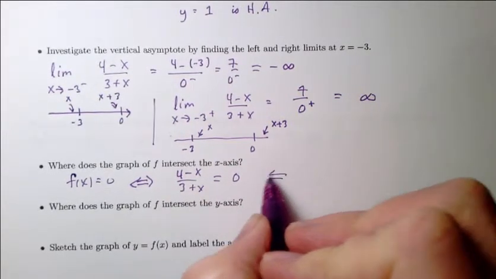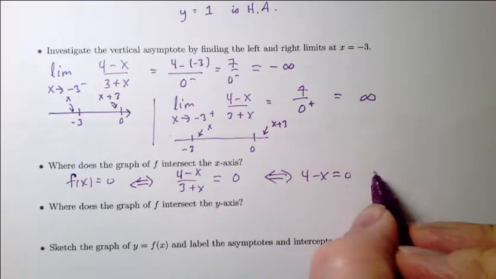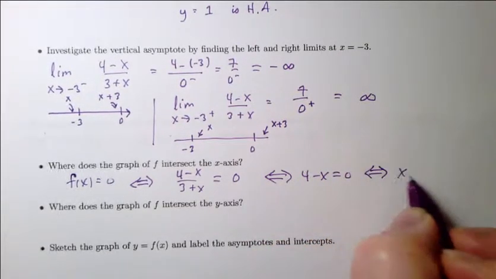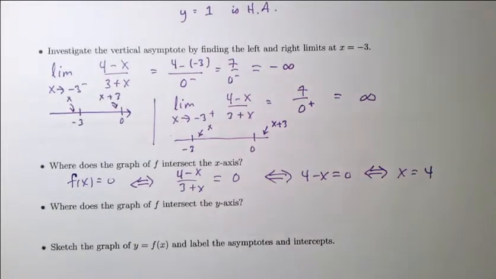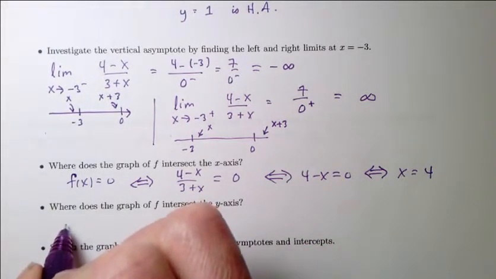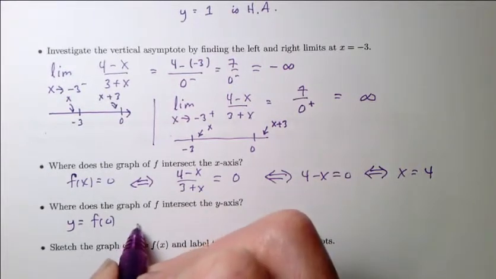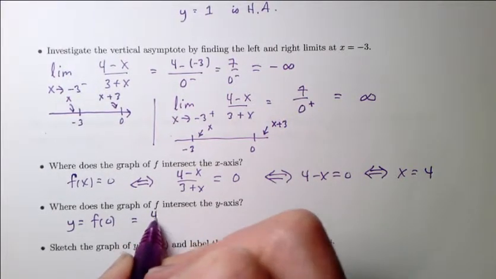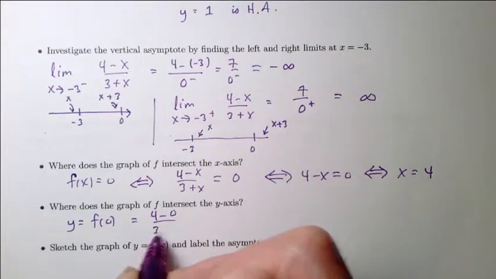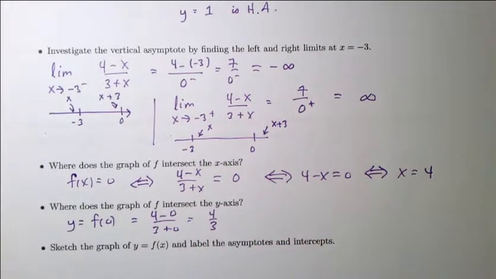So x equals 4 is the one and only x-intercept. Y-intercepts are easier to find. Where do we intersect the y-axis? Well, that occurs when x is equal to 0, so we just substitute 0 into the function for x. Okay, so that's at 4/3.